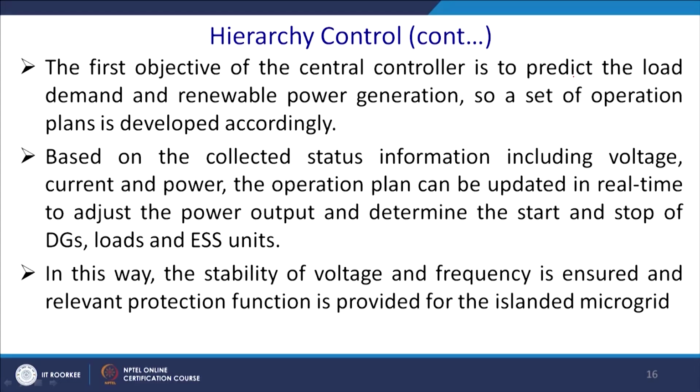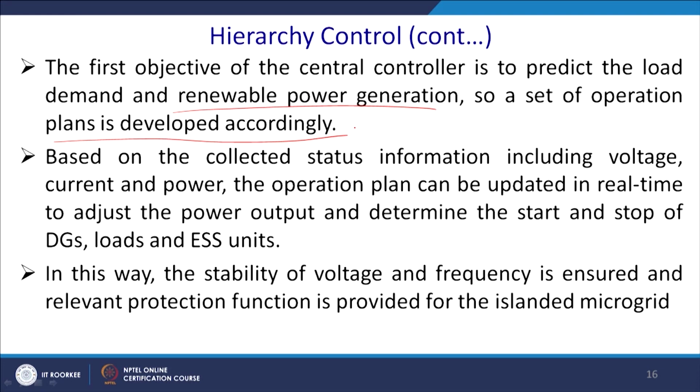So, let us understand how it works. The first objective of the central controller is to predict the load, demand and the renewable power generation. So, a set of operation plans is divided accordingly.